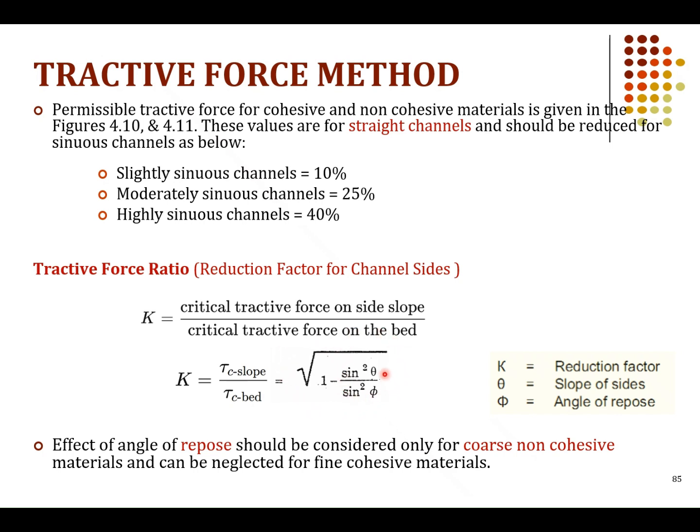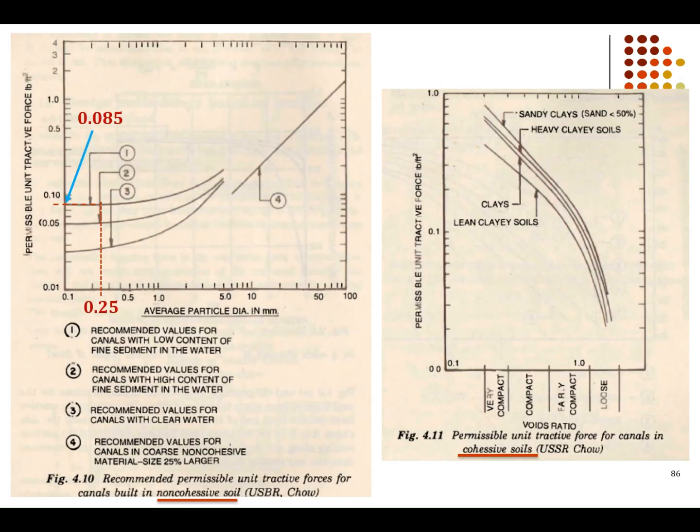In this formula, this theta is the slope of the sides of the channel cross section, and phi is the angle of repose. I hope you know angle of repose from your geotechnical course. The effect of angle of repose should be considered only for coarse, non-cohesive material and can be neglected for the fine cohesive material.